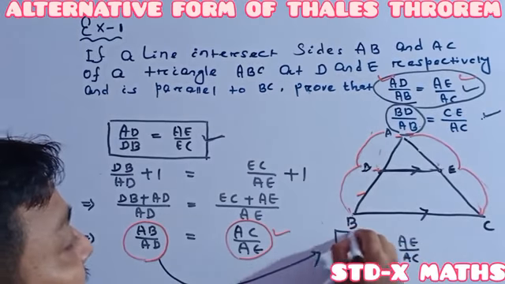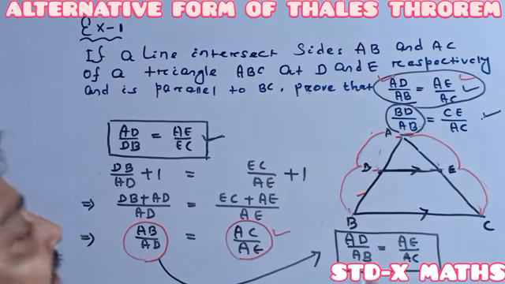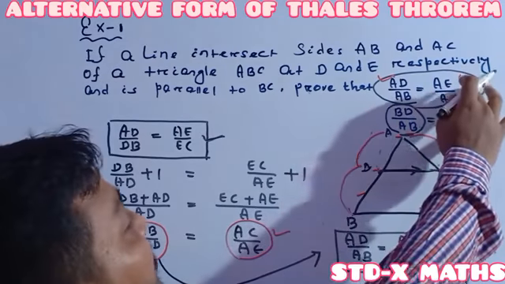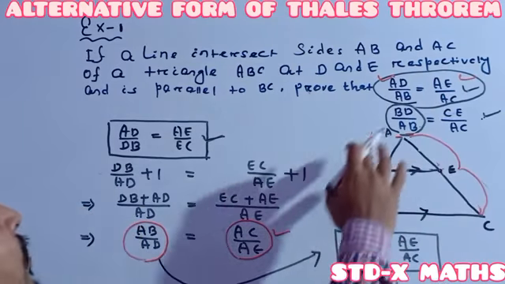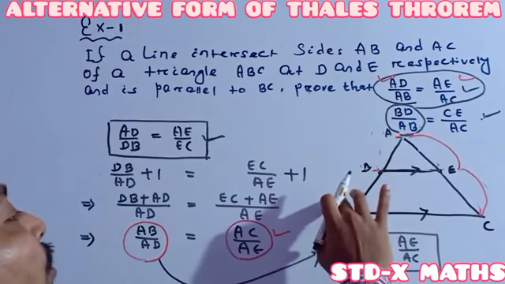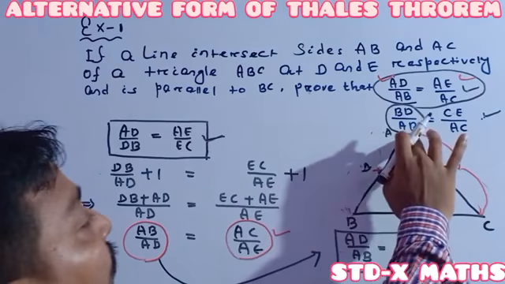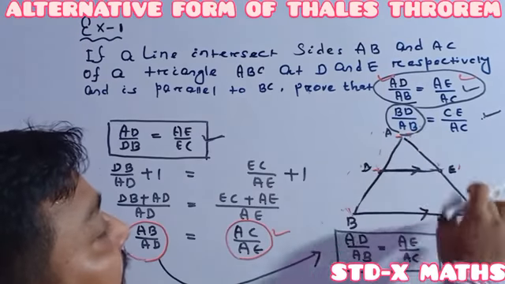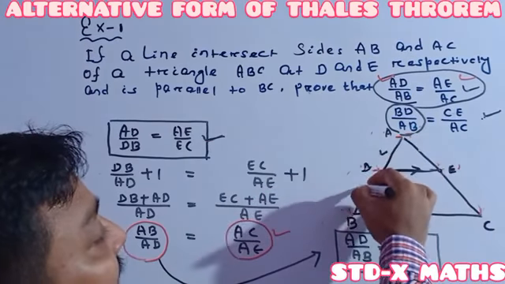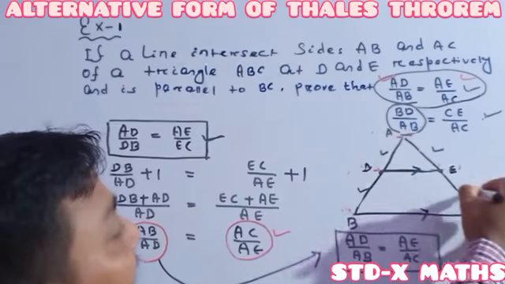This is what was asked in the first one, and we have already got it. So you just have to remember that according to the Thales theorem, this one by this one is the same as this one divided by this one.